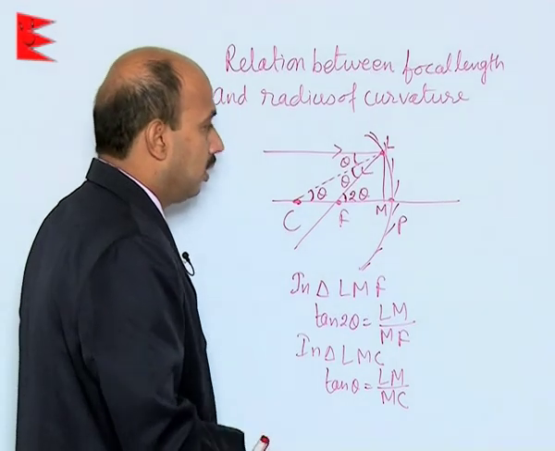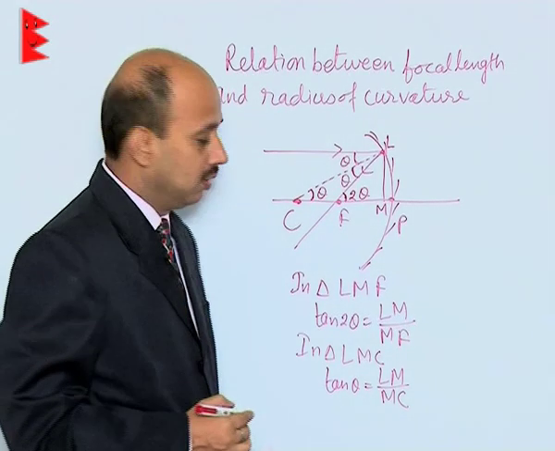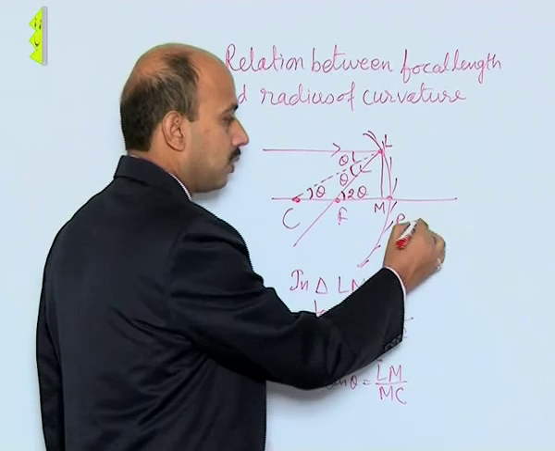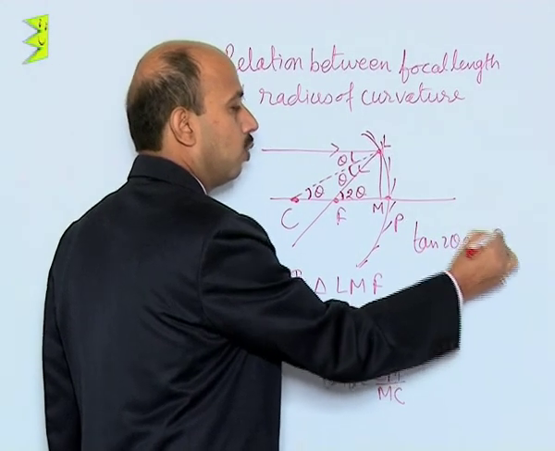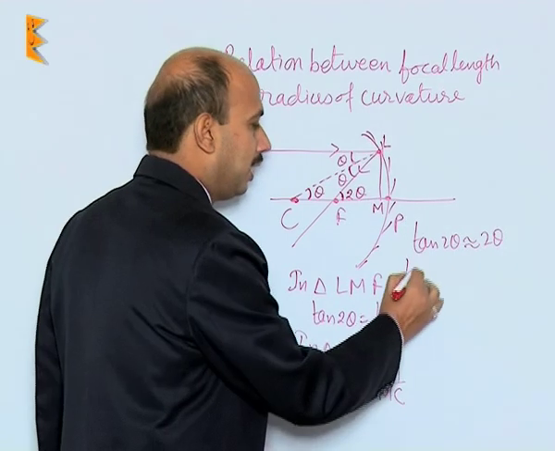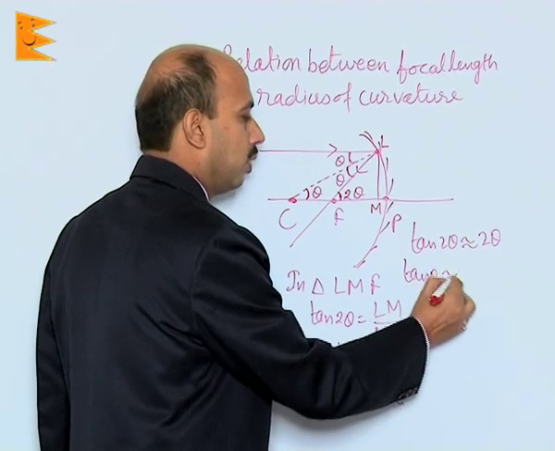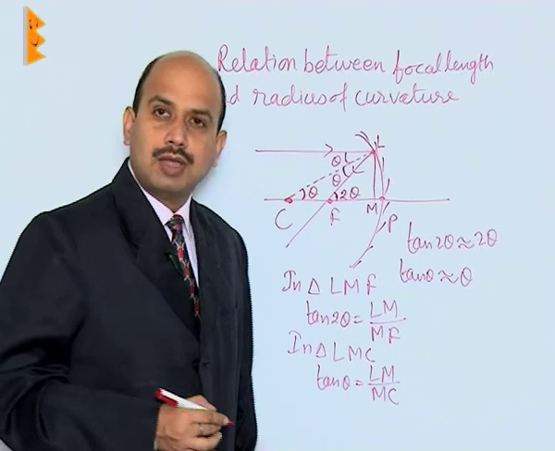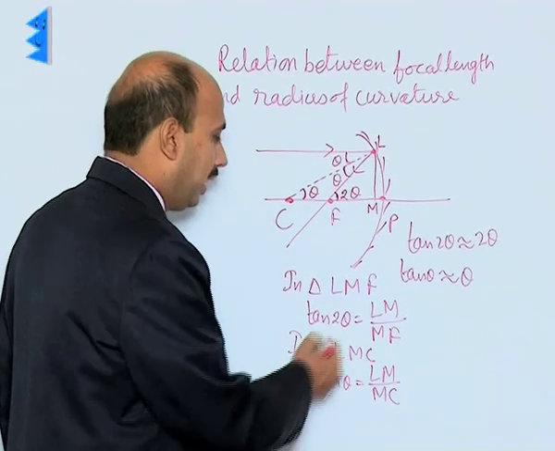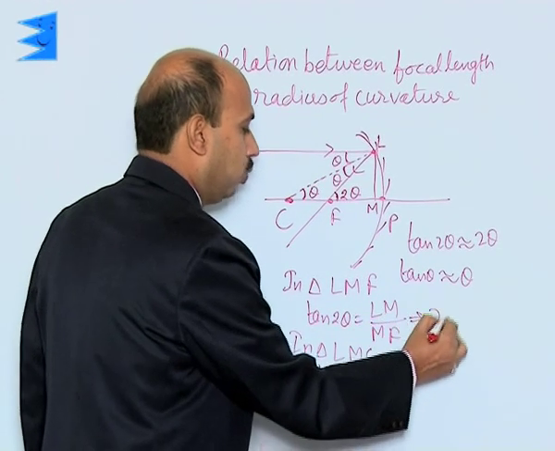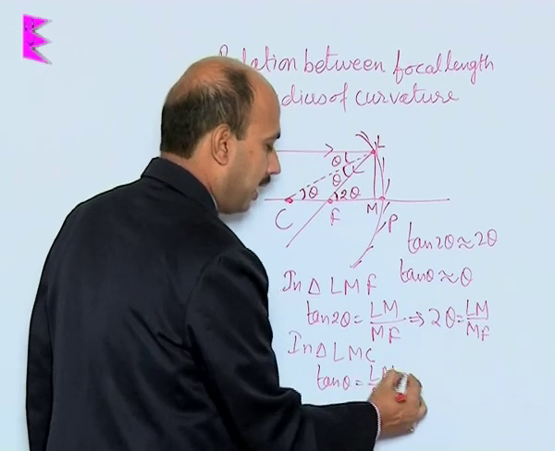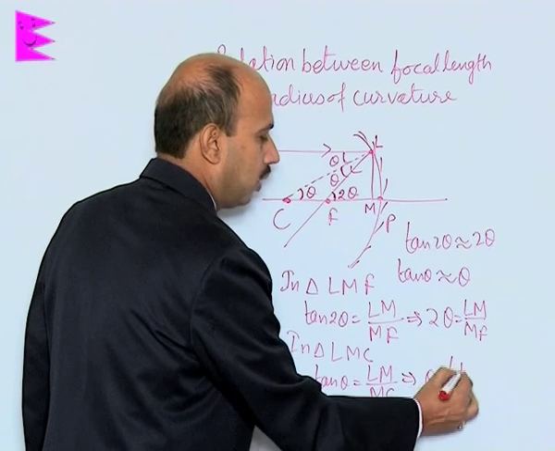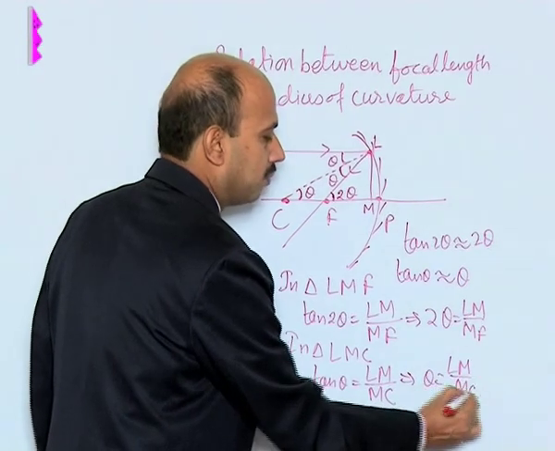And see here, these angles are small angles. So, we can write tan 2 theta is approximately equal to only 2 theta, and tan theta is also equal to just theta, because the angles are small. So, 2 theta is equal to LM upon MF, and theta is equal to LM upon MC.